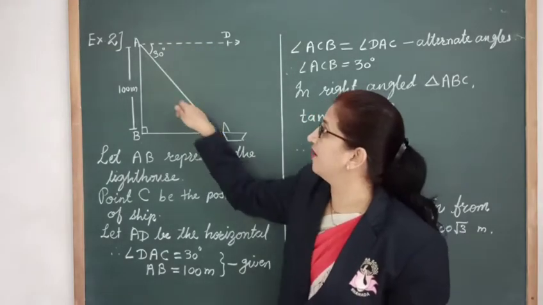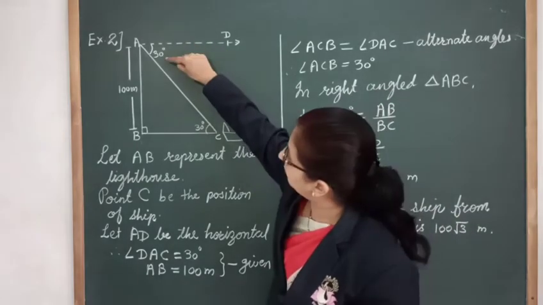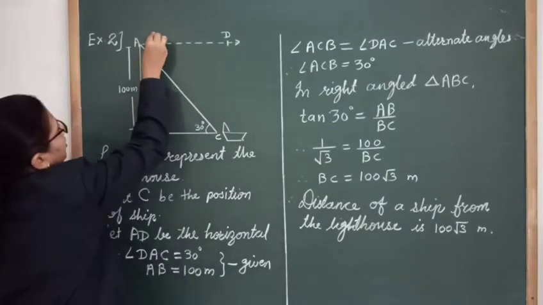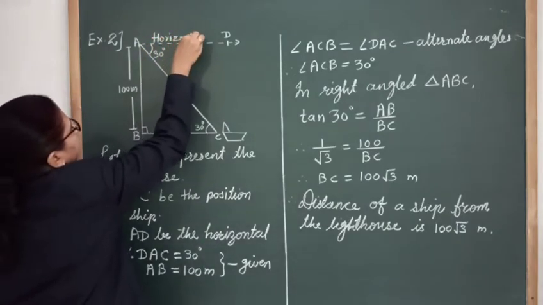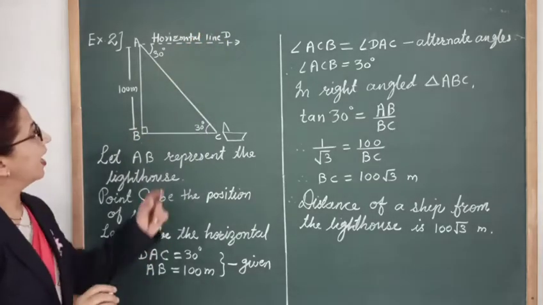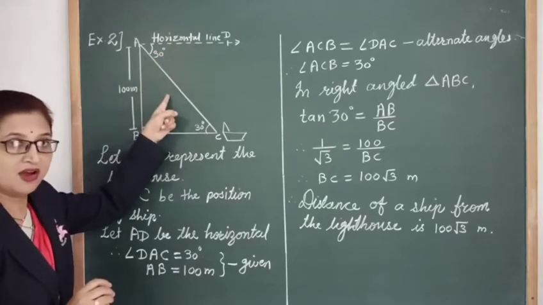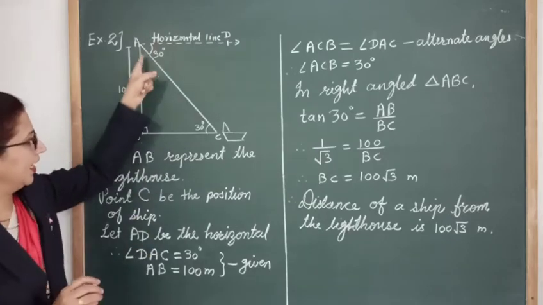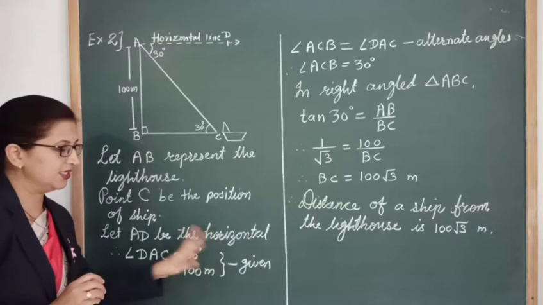Okay, so this is the line of vision and this is the horizontal line. Okay, so the angle will form here. Okay, so angle always forms with the horizontal line and line of vision. Okay, so here angle BAC is equal to 30 degrees. AB is 100 meters, which is given.